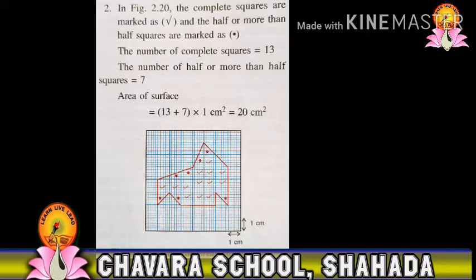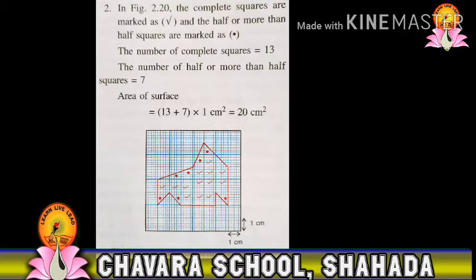In this figure, the complete squares are marked as right tick, and the half or more than half squares are marked as dot. So the number of complete squares are 13. The number of half or more than half squares are 7.